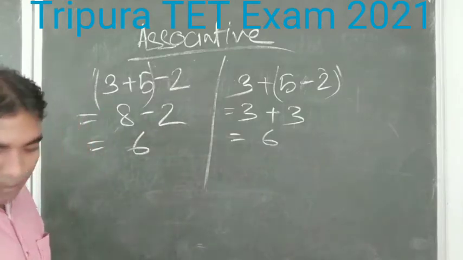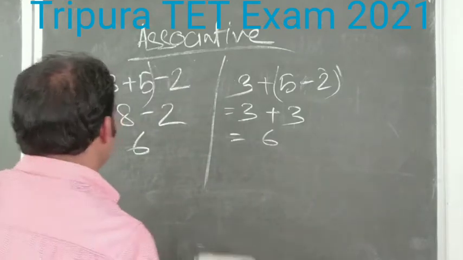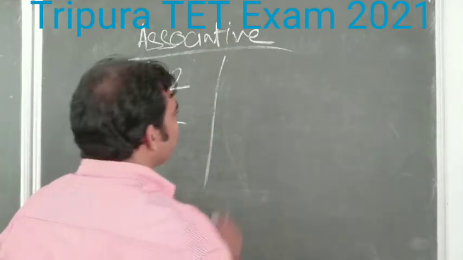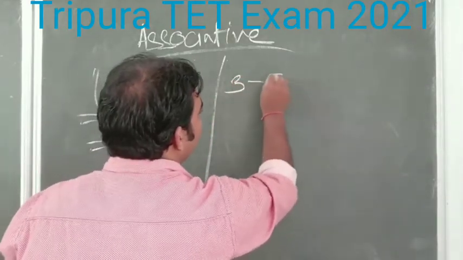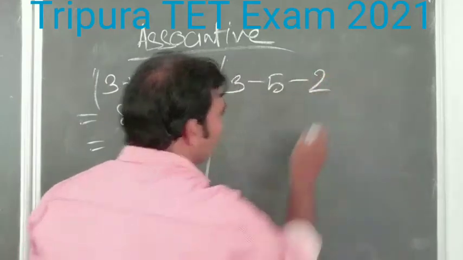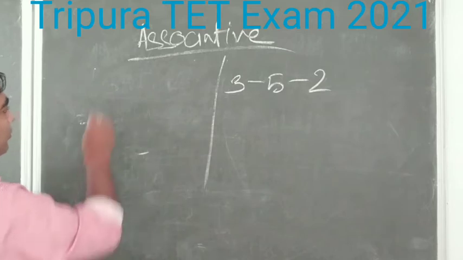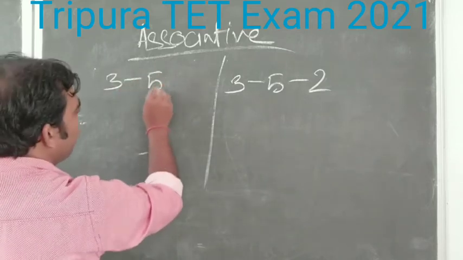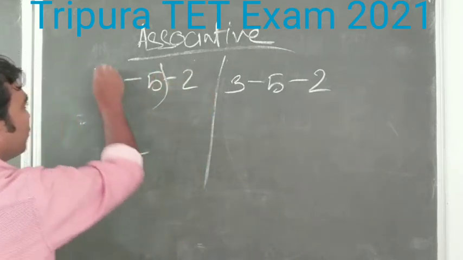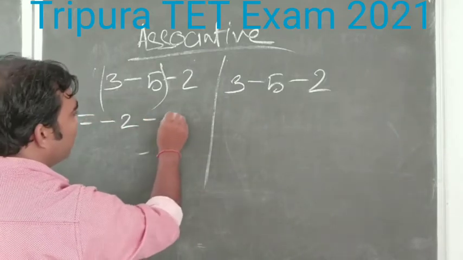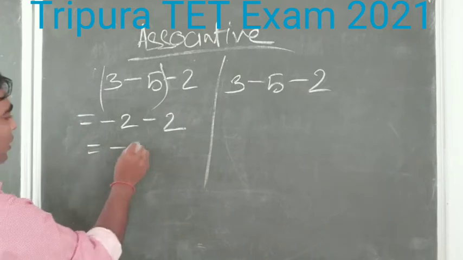Here it is the same. Now if we change it a little in the case of subtraction, look: 3 minus 5 minus 2. First of all we will do this one, 3 minus 5, then we will get minus 2, minus 2, so that is minus 4.